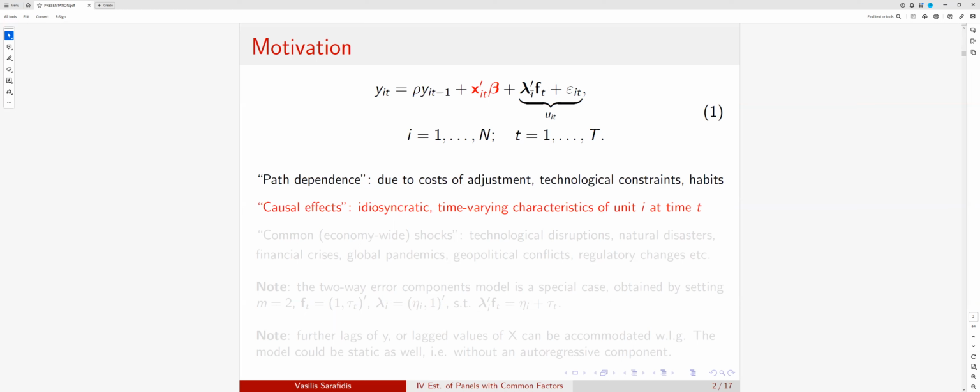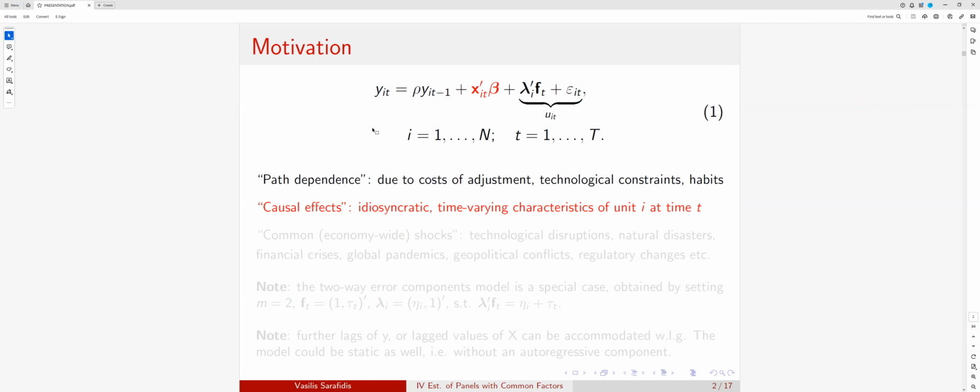And these individual specific intensities are reflected by the factor loadings. Equivalently, the factor loadings may absorb different sources of unobserved heterogeneity across individuals, the impact of which varies over time in an intertemporally arbitrary way.